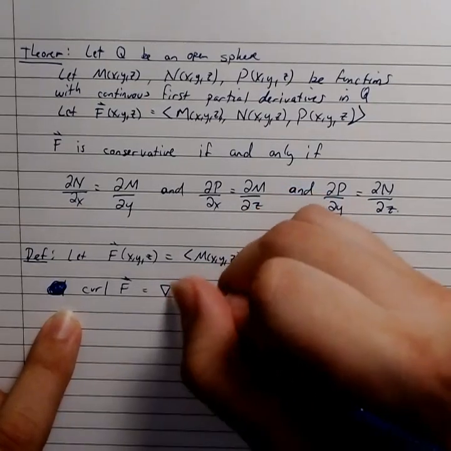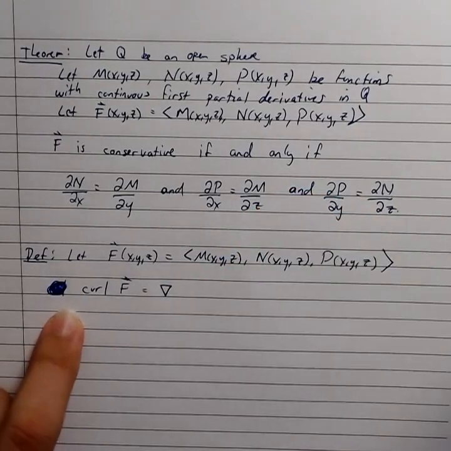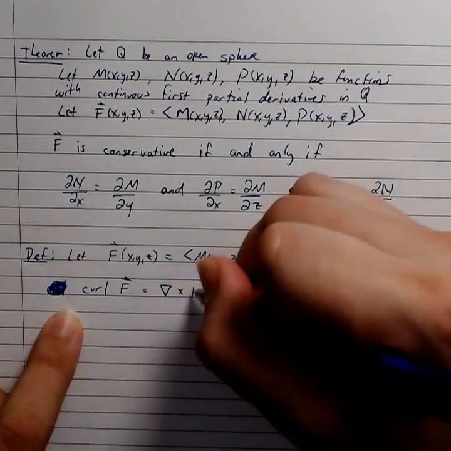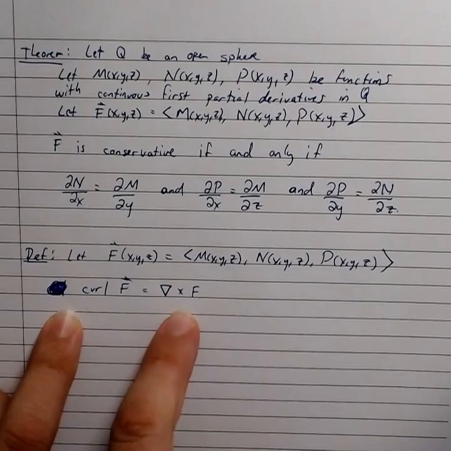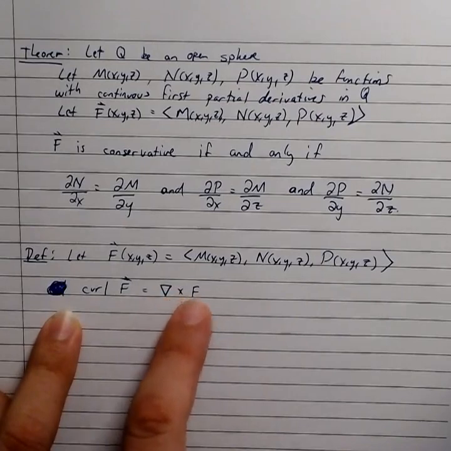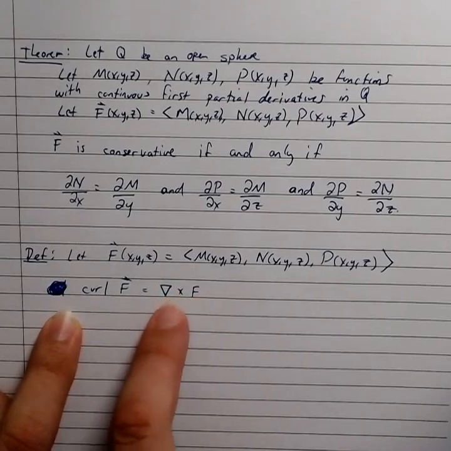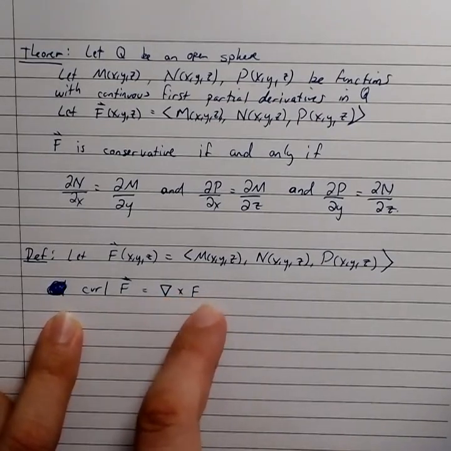The curl of the vector field f, which is usually denoted by the differential operator, cross f. Here, this notation is meaningful. I'll go over this in just a second. The curl of f, which is often denoted as the differential operator crossed f, the what now? Again, we'll go over this in just a moment.